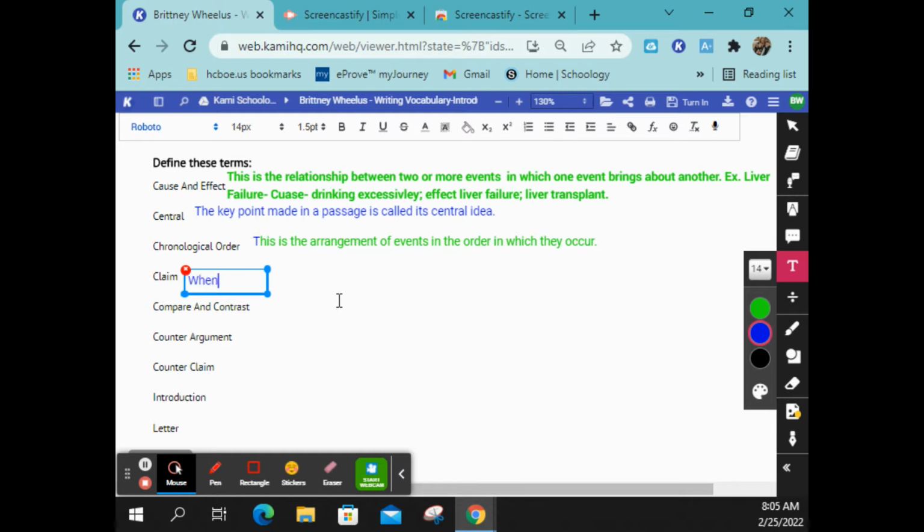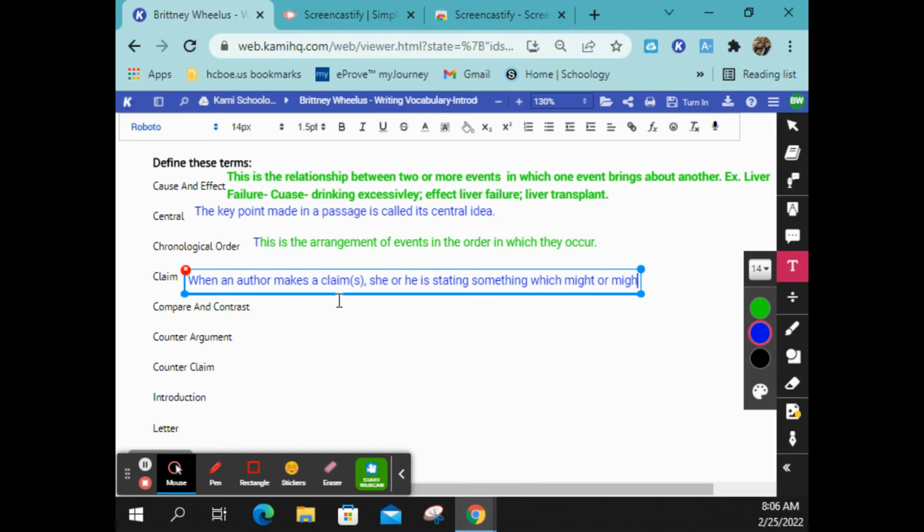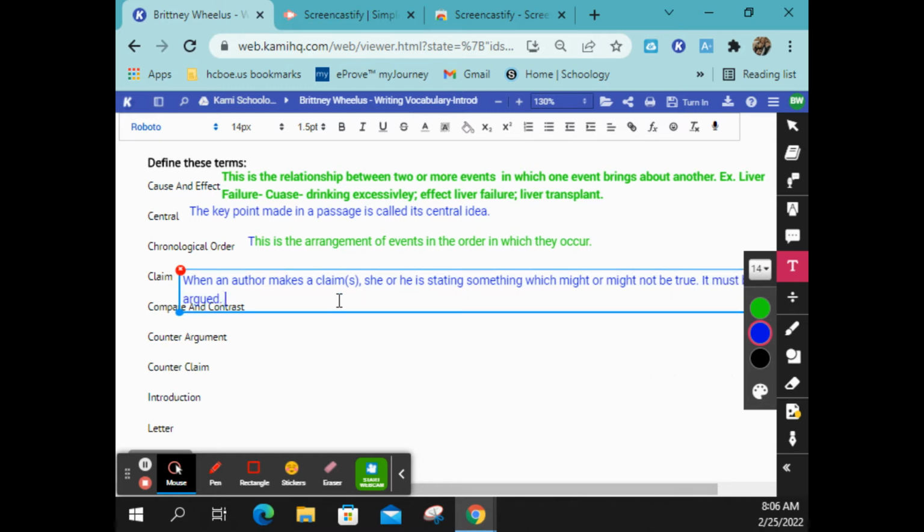So claim is when an author makes a claim or claims, she or he is stating something which might or might not be true. It must be argued.